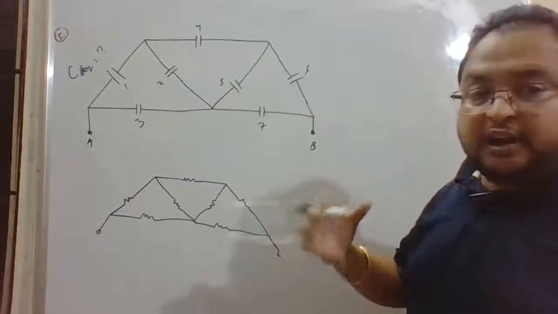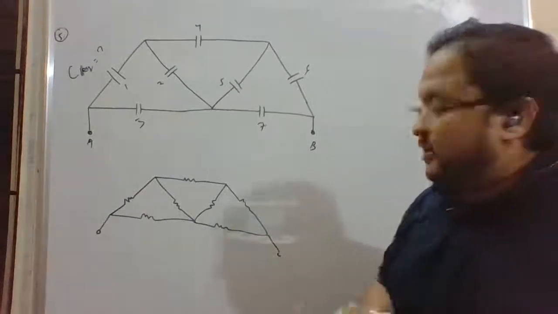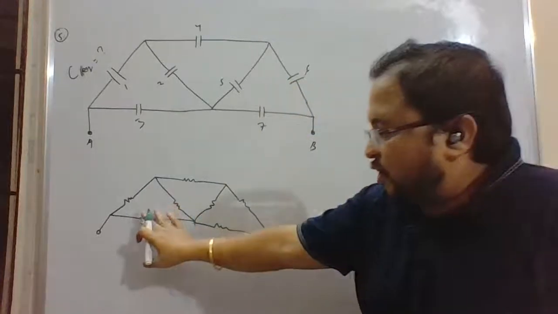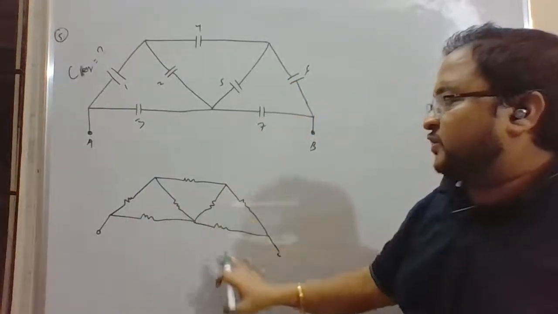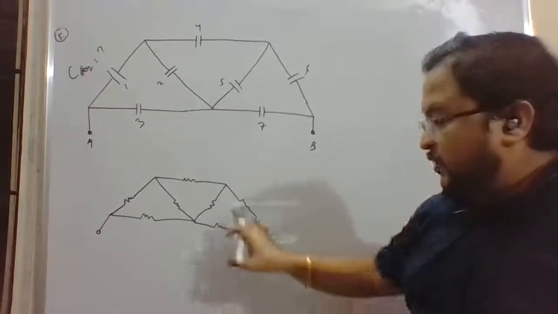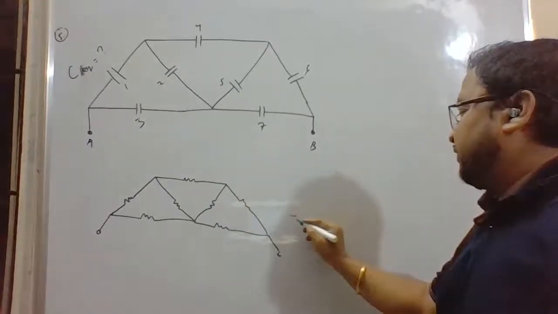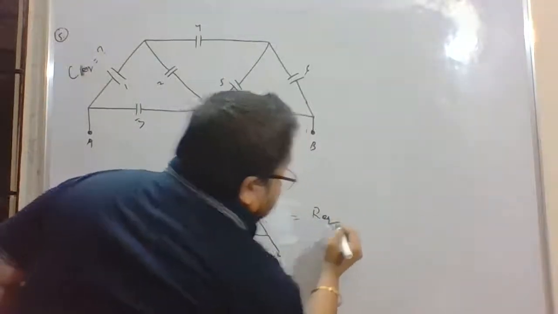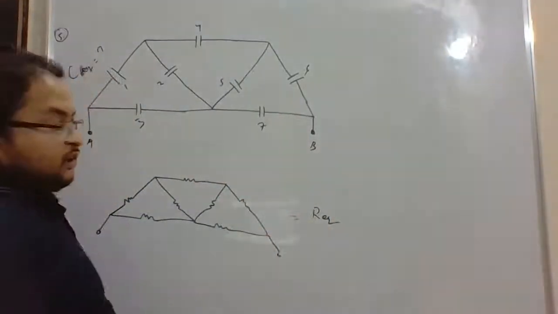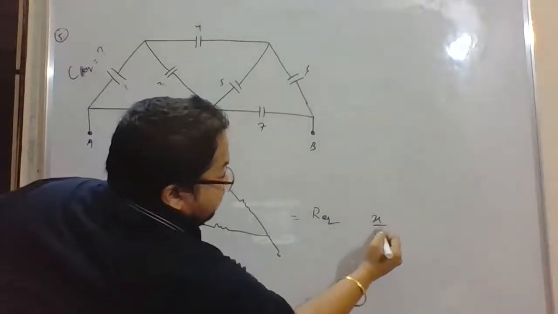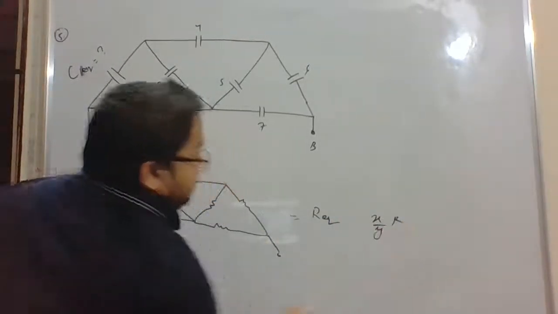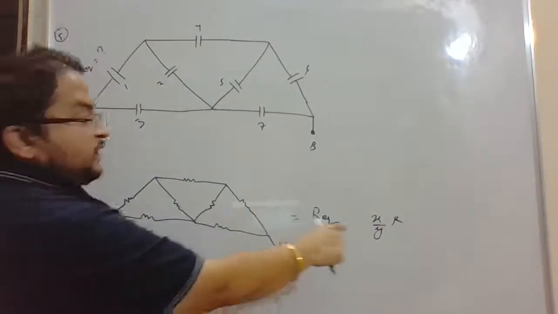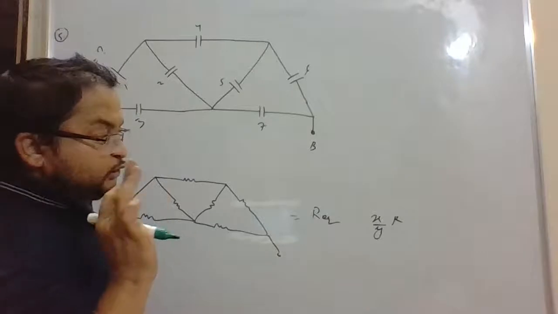So I personally would recommend, if you get a problem like this related to capacitors, draw an equivalent circuit in resistors and find out the equivalent resistance. Suppose you find R equivalent is X by Y R, assuming the resistance of each resistor is R, where X and Y are two numbers and Y is not equal to 0.